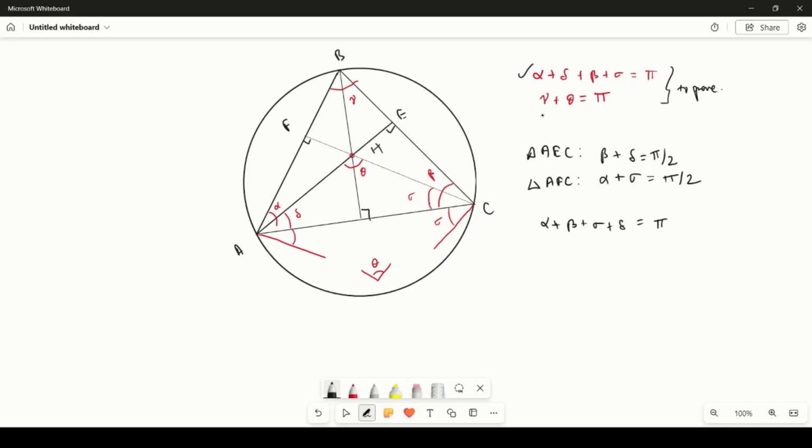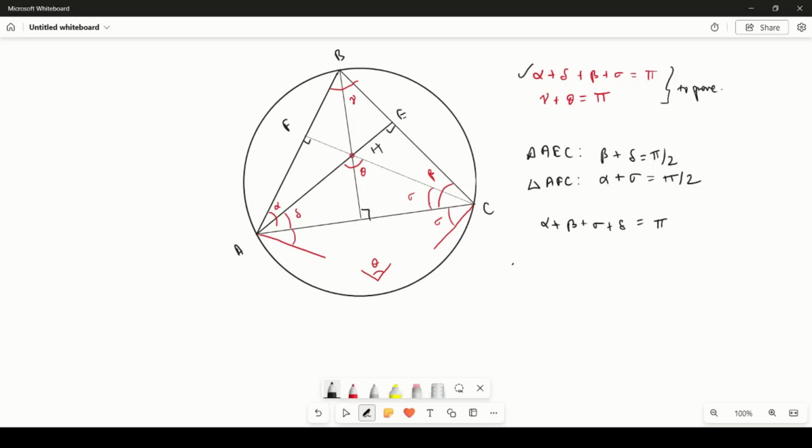And the second one need not be proved, because as we know, in a quadrilateral the angle sum has to be 2 pi, 360, and if we have proved that two sets add up to pi, then the other set is obviously going to add up to pi. So that's done. We're done proving it.